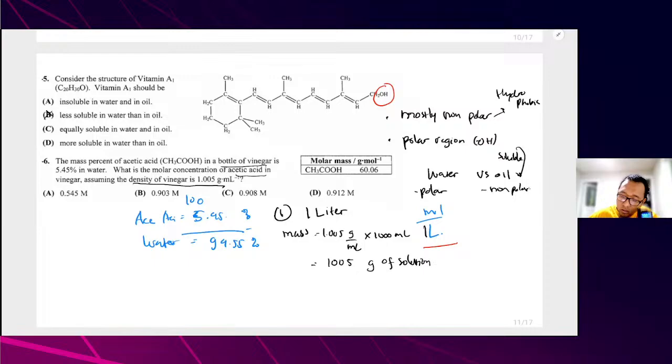We have the total of solution here. The mass percent of acetic acid in the bottle is 5.45.